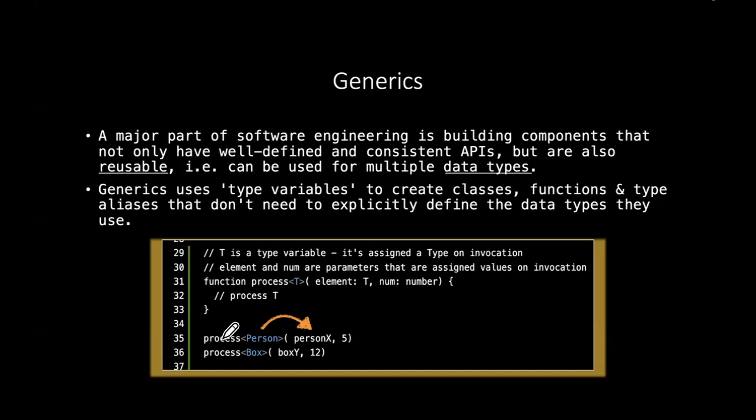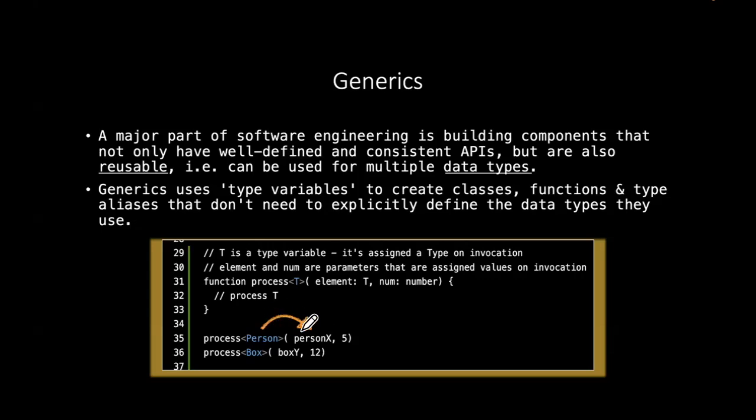And here I'm actually invoking the function. And it's when you invoke the function that you state what type T should take on. And so it looks like here, I want my T variable to take on the person type, which presumably I've declared somewhere else. So presumably this personX is a variable that I've declared somewhere within my script, and personX will be an object of type person.